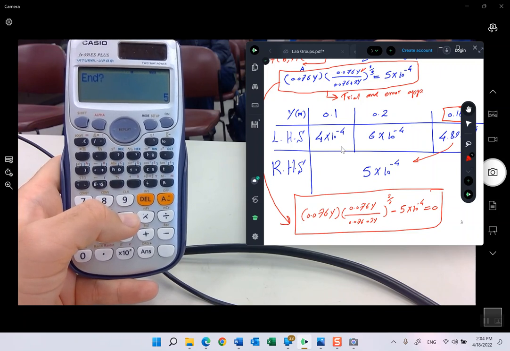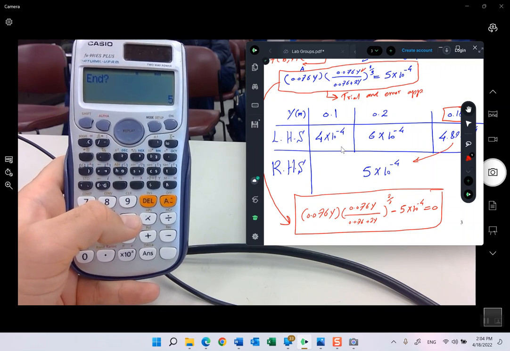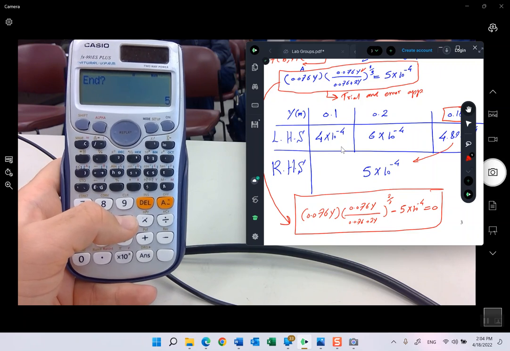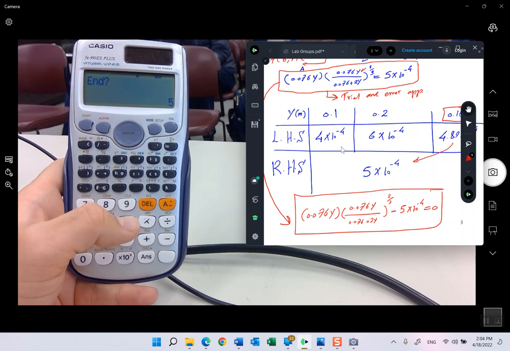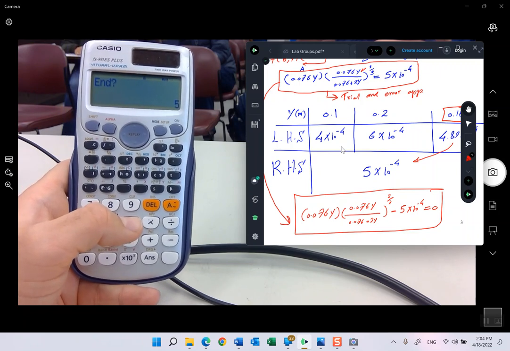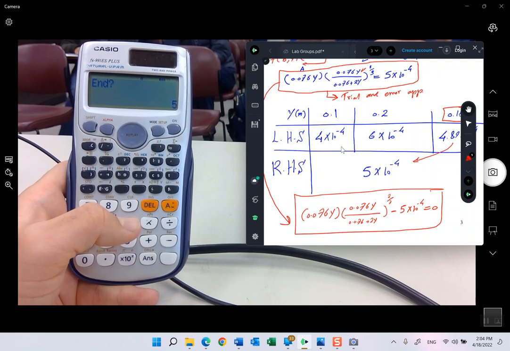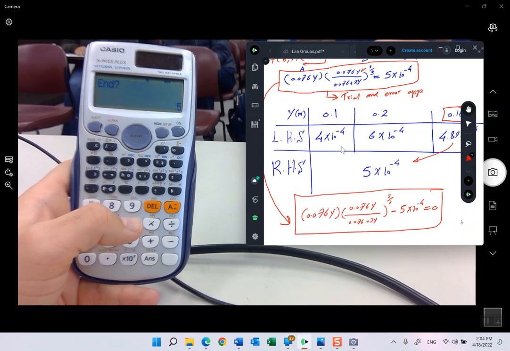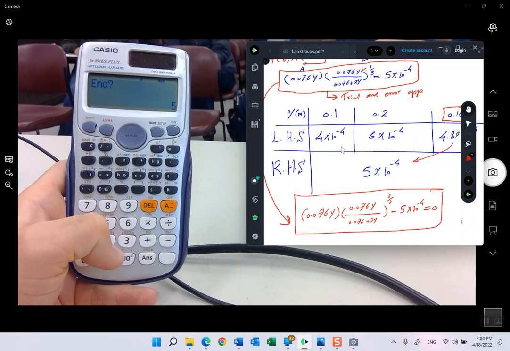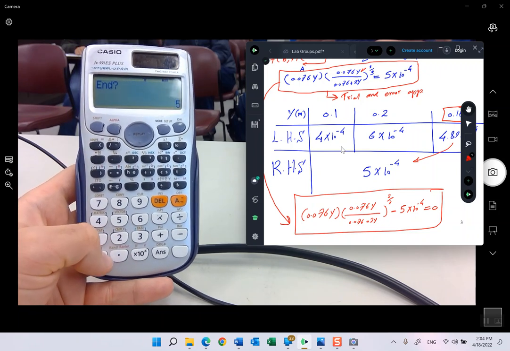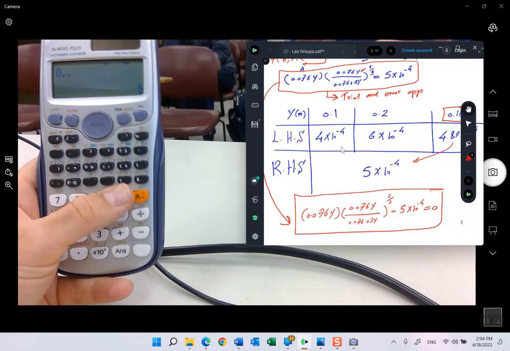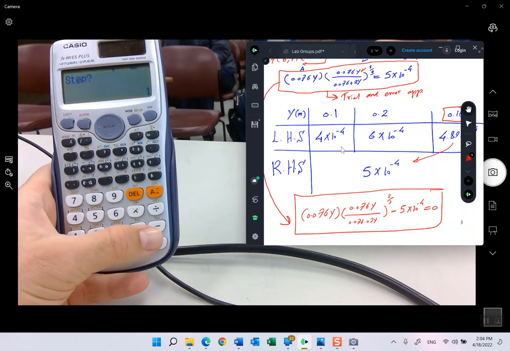Of course, if you inserted 100, it will take forever to produce the table, right? So you have to be smart. This is a very small flow, so the flow will be between 0 and maybe 10 centimeters, which is 0.1. So I will say that the end is 0.1.